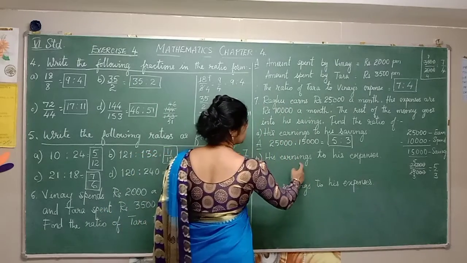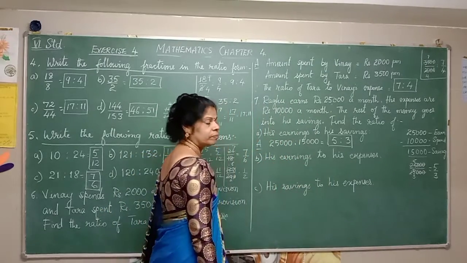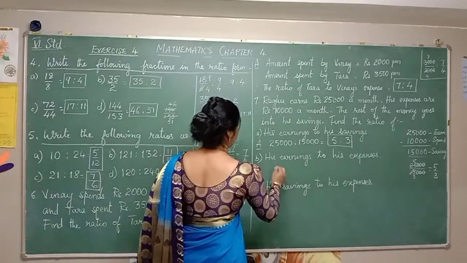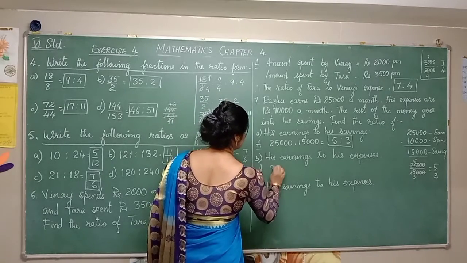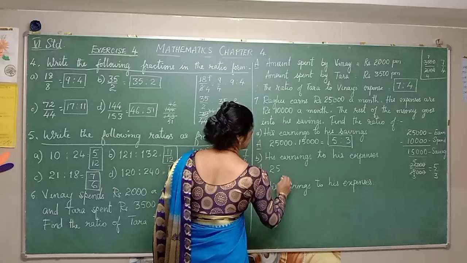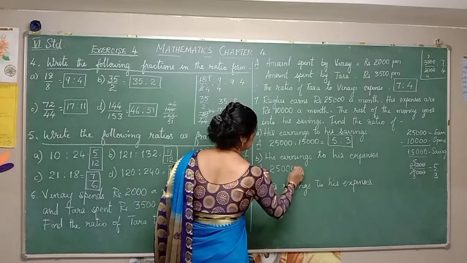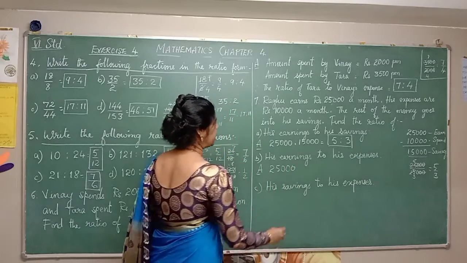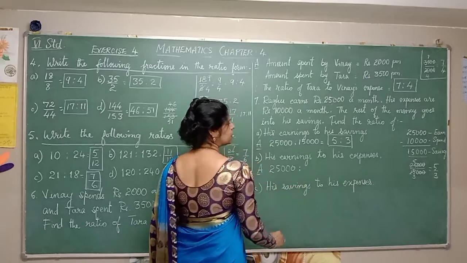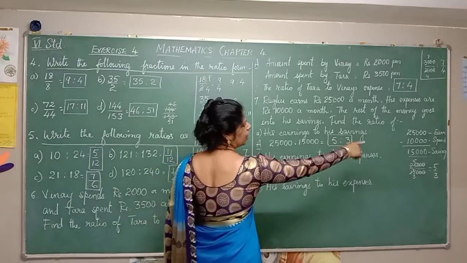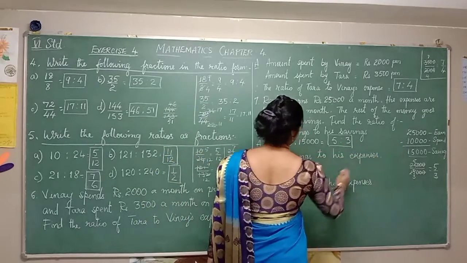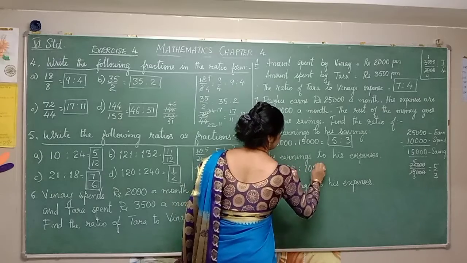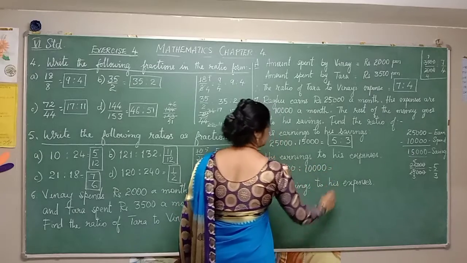His earnings to his expenses. So earnings how much? 25,000, isn't it? Rupees 25,000. And his expenses how much? Spend or what you call expenses, 10,000. His expenses is 10,000.